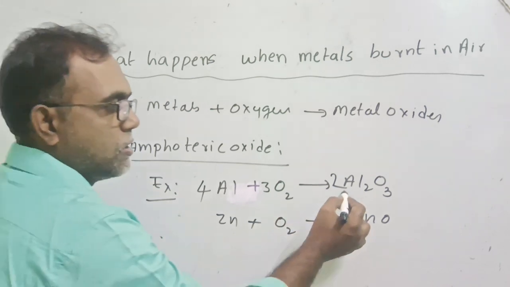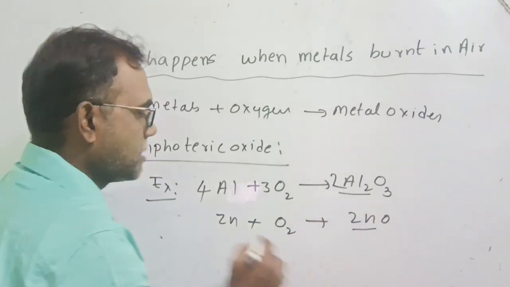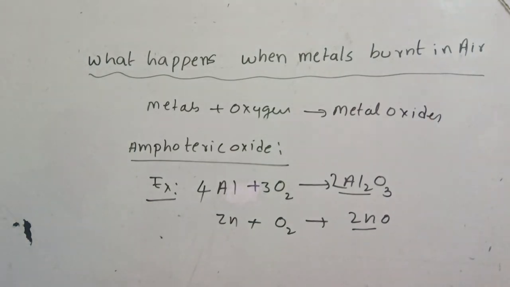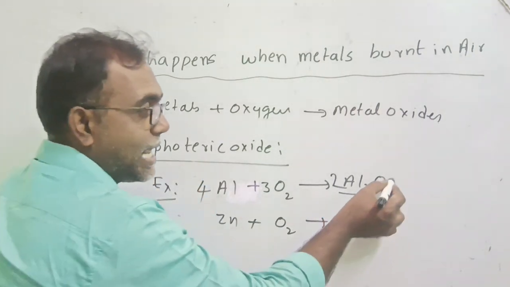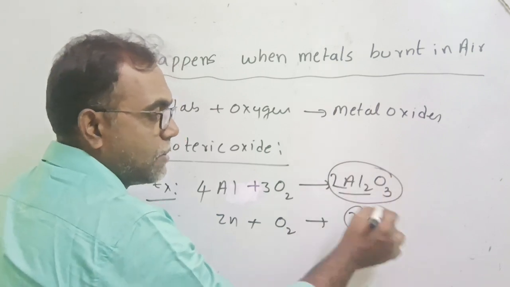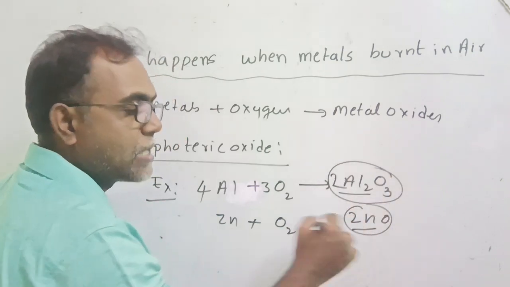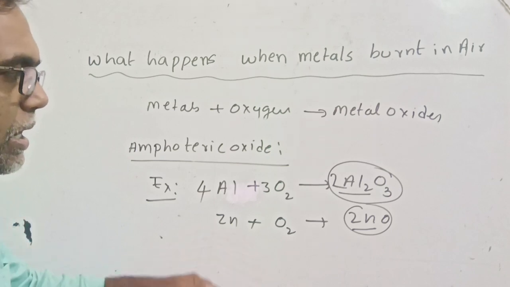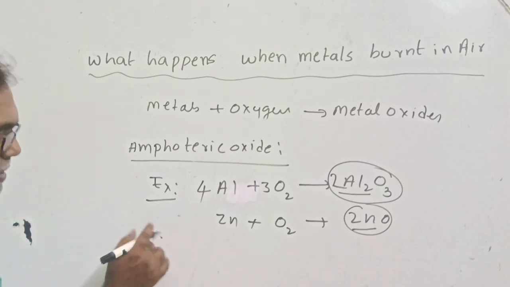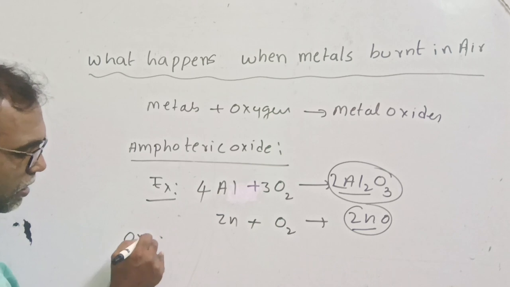So these oxides, aluminum oxide and zinc oxide, are called amphoteric oxides. Why are they called amphoteric oxides? Because these oxides behave as acidic as well as basic in nature.